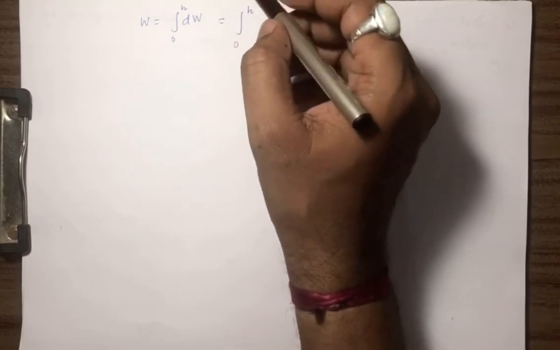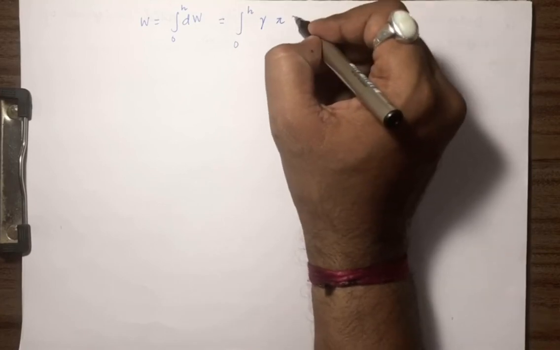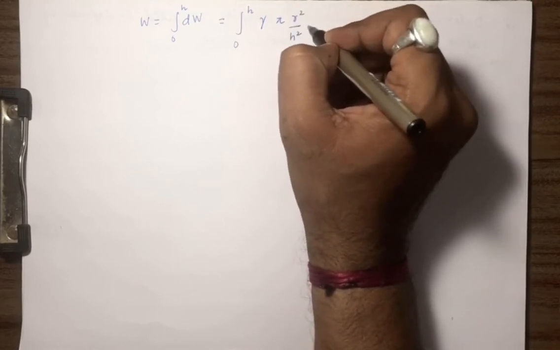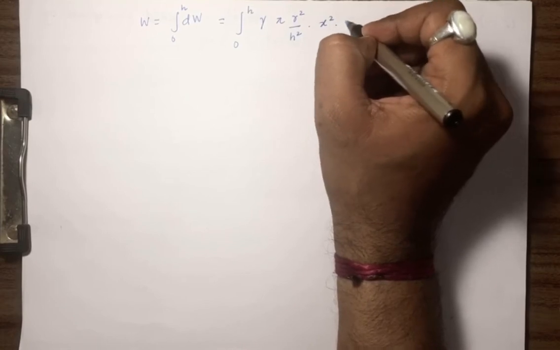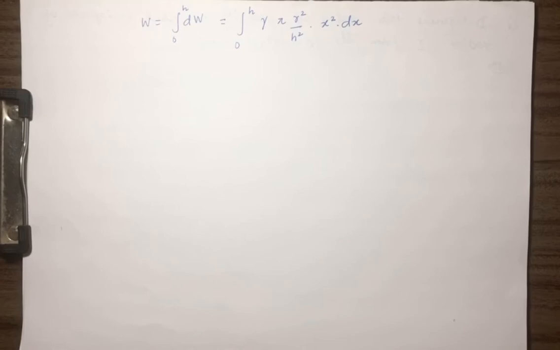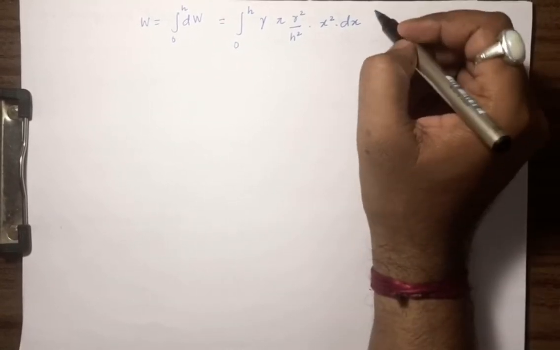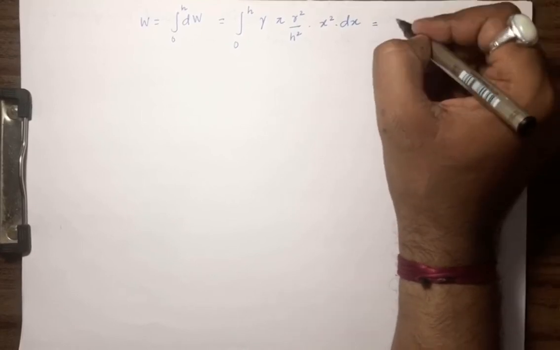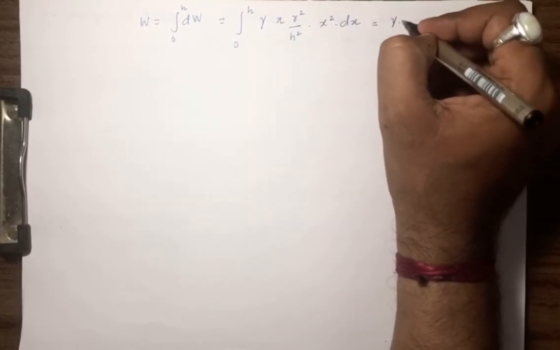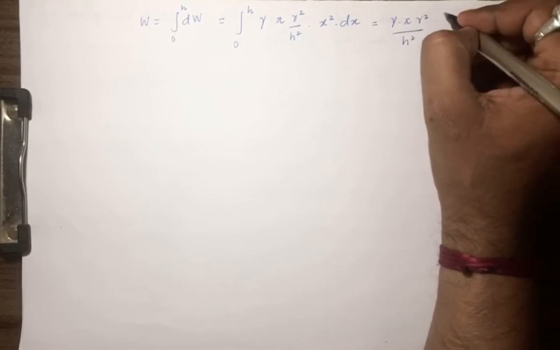So 0 to h, gamma pi r square upon h square x square dx. Okay. So these things are constant, so they will come outside.